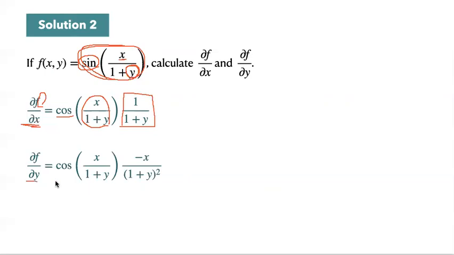And when you think about df/dy, in this case, we think x is a constant because we want to differentiate the function with respect to y. So our variable is just y. So here I first differentiate sine, so we get the cosine function, and we need to multiply by the differentiation of the inner function.